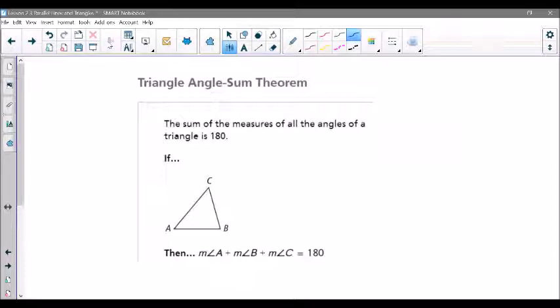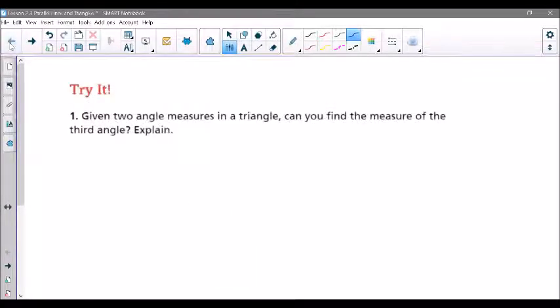It says the sum, remember sum just means add them together, the sum of the measures of all the angles of a triangle is 180 degrees. So measure of angle A, measure of angle B, and the measure of angle C will always add up to be 180 degrees, no matter what the triangle looks like.